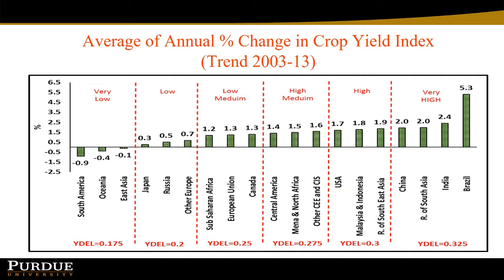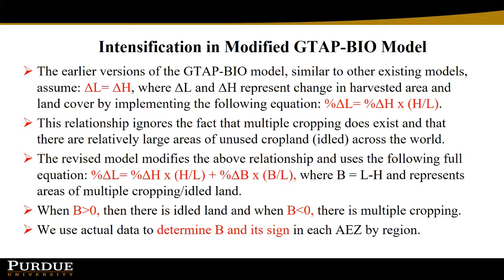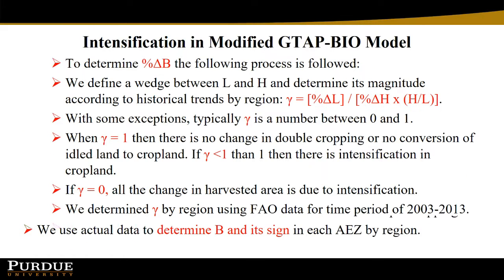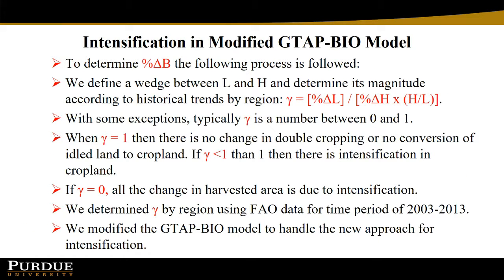First of all, we take into account that intensification varies across different countries in terms of response to prices. As you can see here is the yield changes between 2003 and 2013. We ranked them, and then we assigned a factor in each region which represents the responses to crop prices differently.